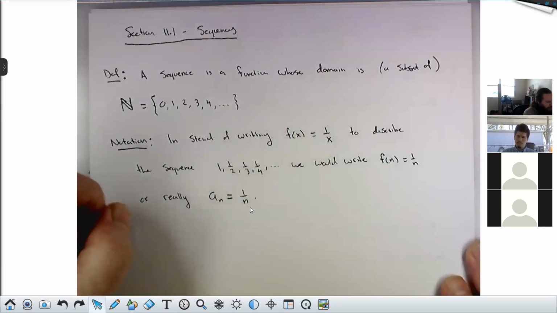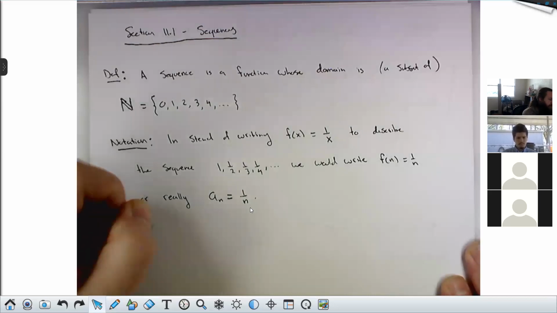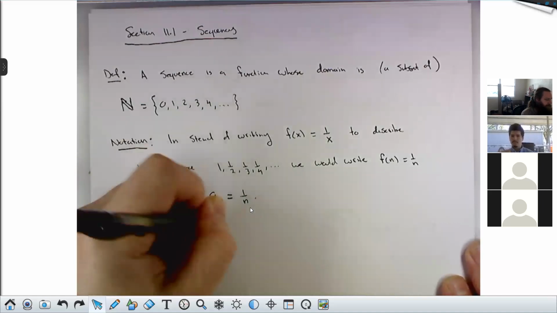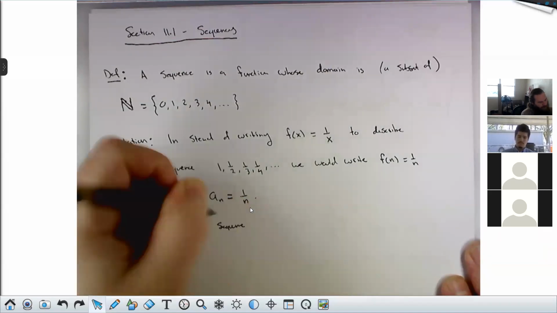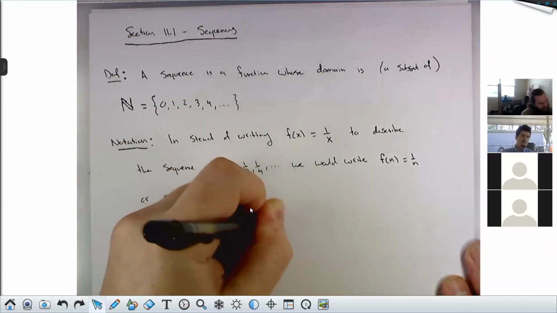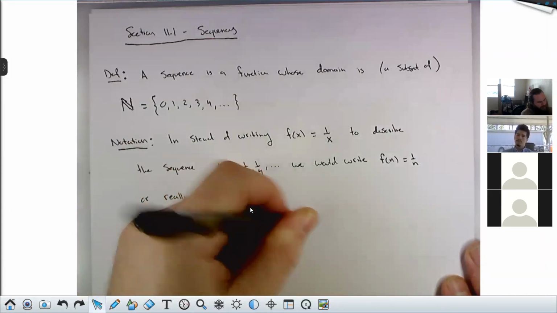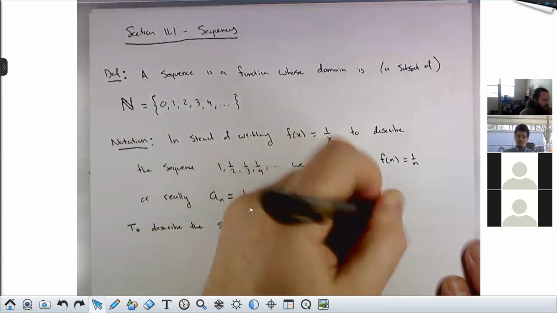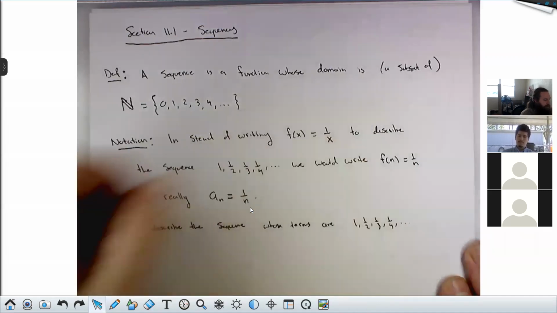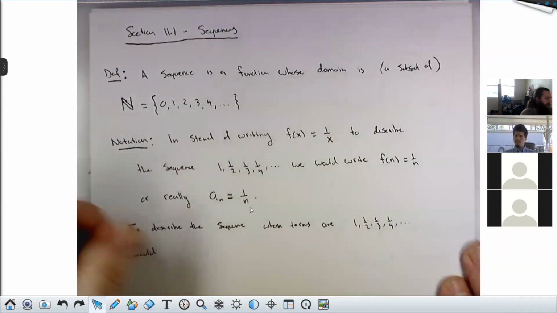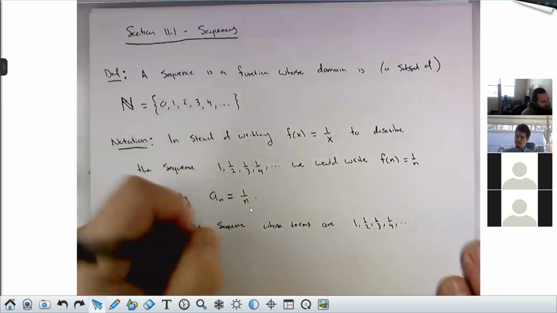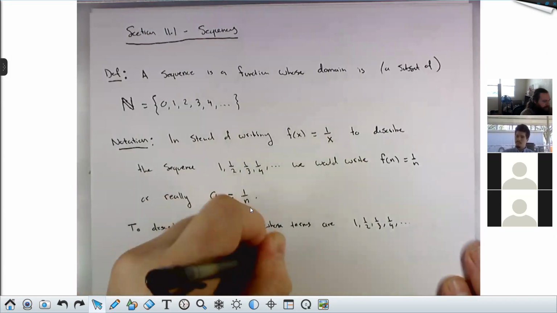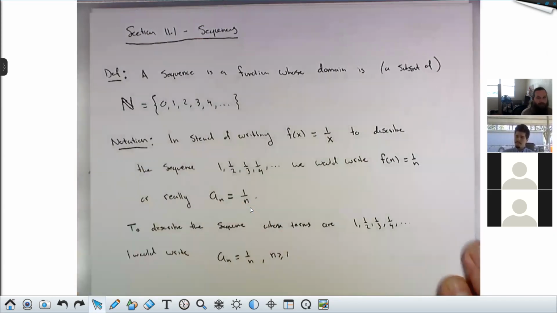So to describe the sequence whose terms are 1, 1/2, 1/3, 1/4, and so on, I would write a sub n equals 1 over n, and say that n begins at 1.